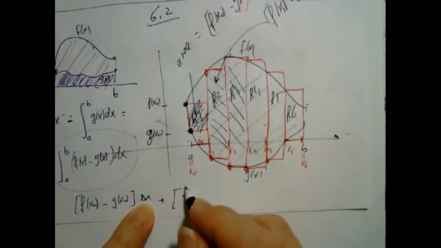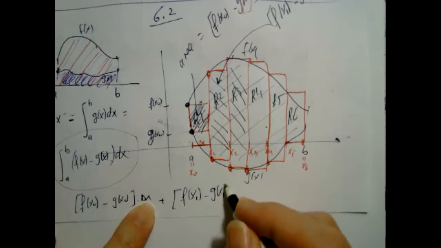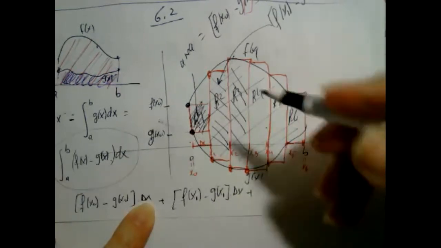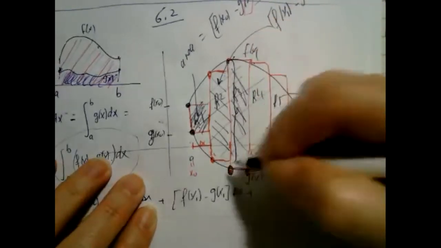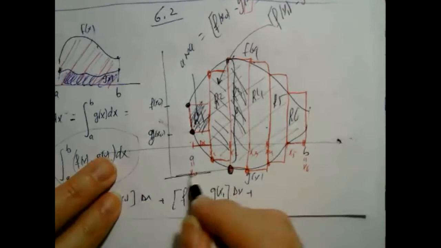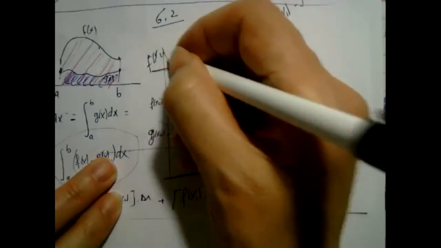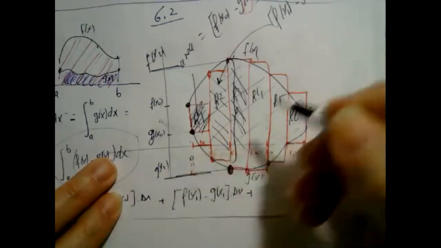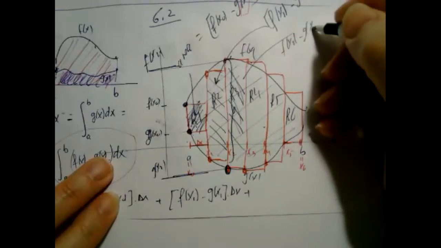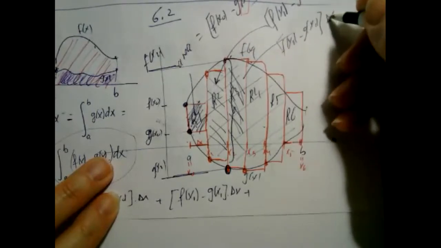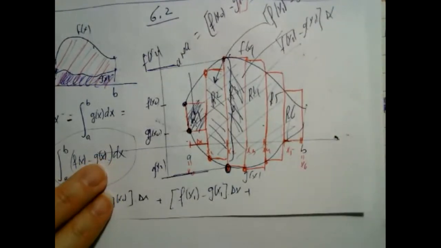We're basically repeating ourselves. This length is the value of the function at x2, f of x2 minus g of x2, times the delta x. R4 is the same, R5 is the same as R6, really the same.